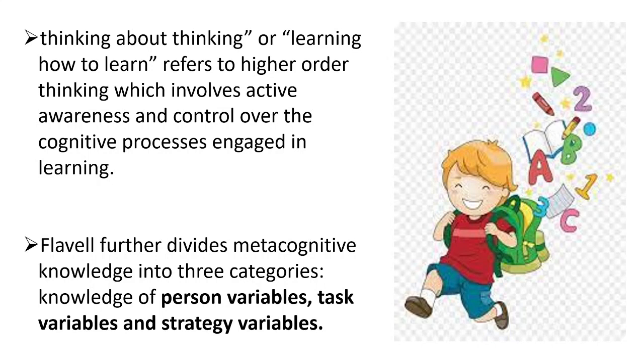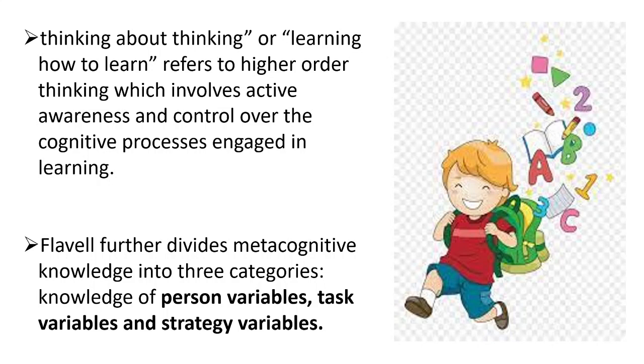So, thinking about thinking or learning how to learn refers to higher order thinking. Ito yung HOT, wala lang S. Okay, which involves active awareness and control over the cognitive processes engaged in learning. So, Flavell further divides metacognitive knowledge into 3 categories. Ito na yung pang second part na natin sa chart as you can still remember.